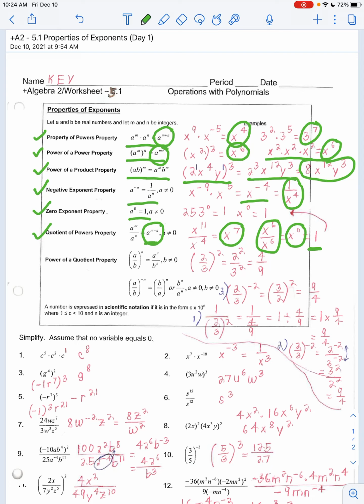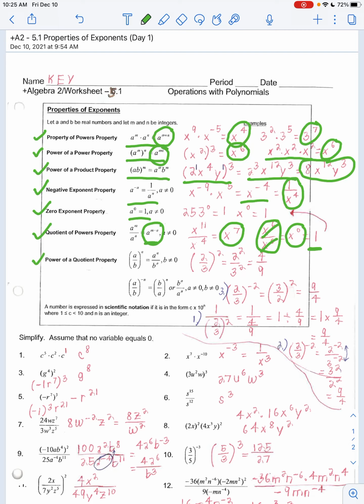When you know the result of x to the 6th over x to the 6th, because those terms are the same, they cancel and reduce to 1, and you also know you subtract the exponents, which gives you x to the 0, that confirms why any base raised to the 0 power would be 1.